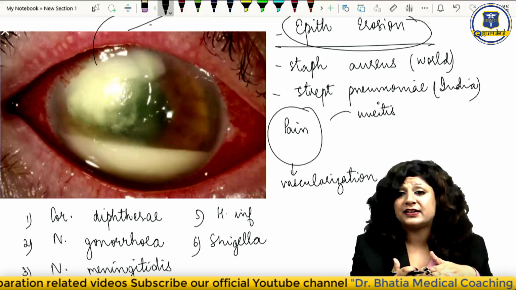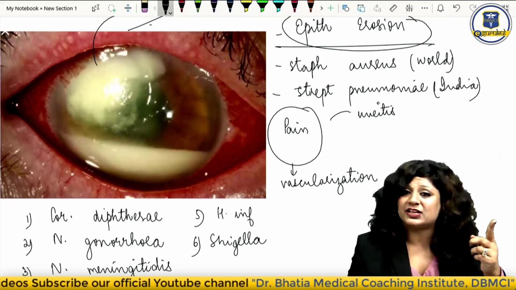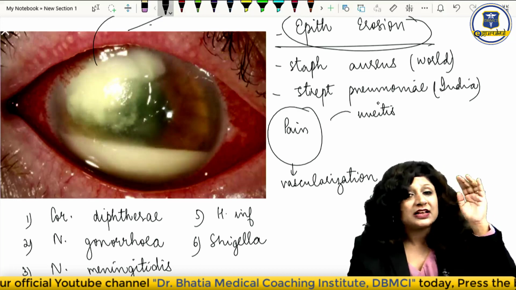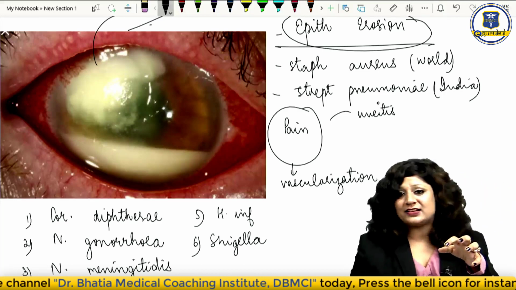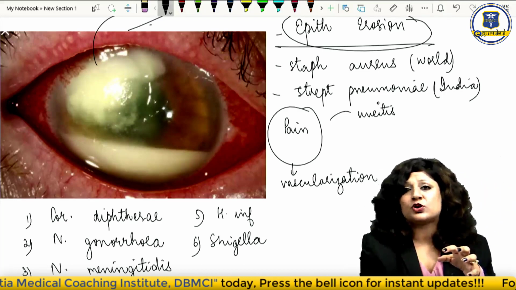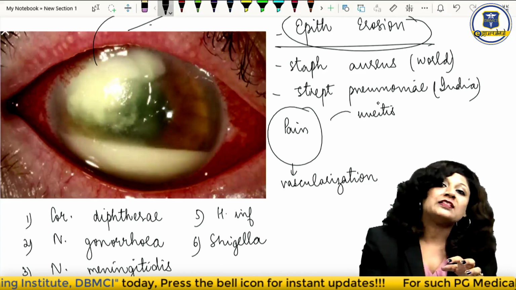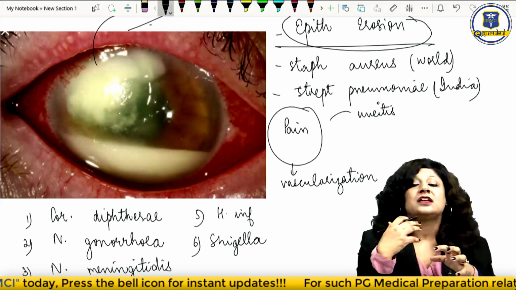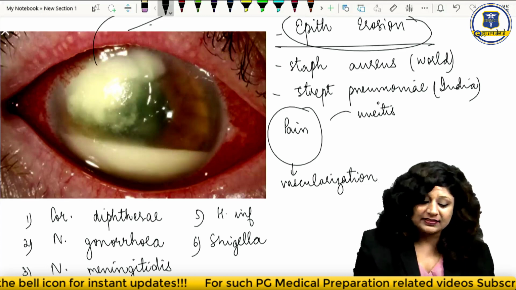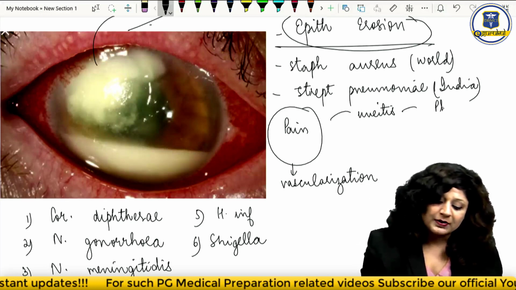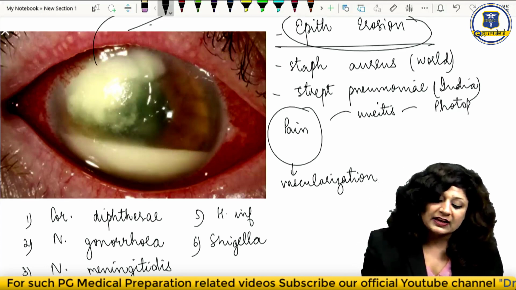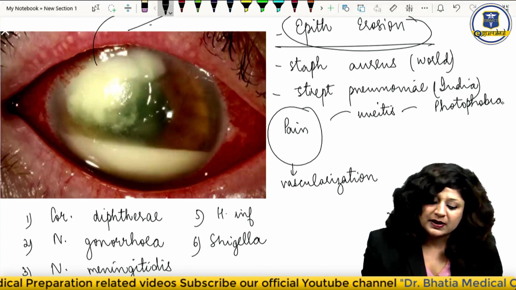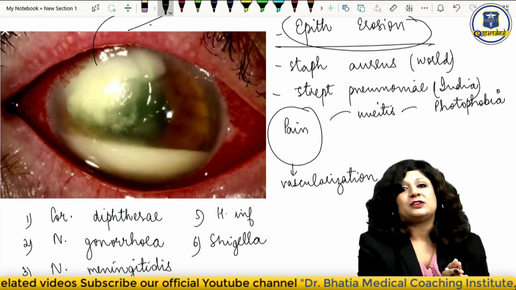This keratitis, which could have started from conjunctivitis also, is going to the deeper layers. It involves the iris and ciliary body, causing iridocyclitis, and that is why photophobia. Photophobia is again a very important symptom of these patients, plus the inflammatory cells.